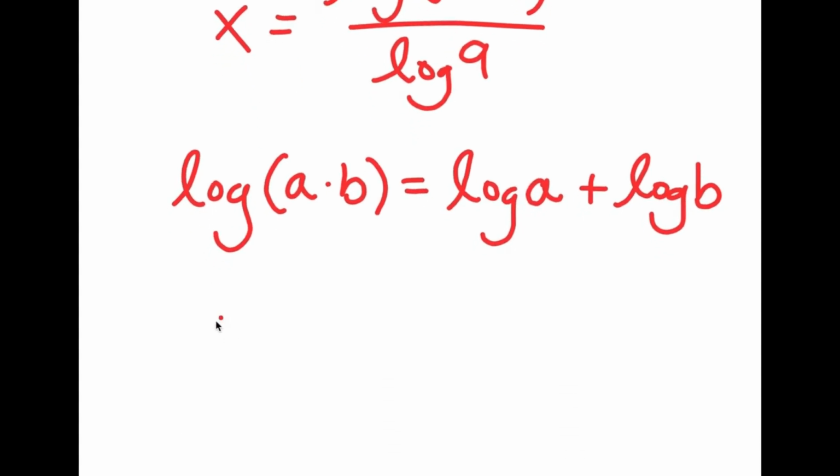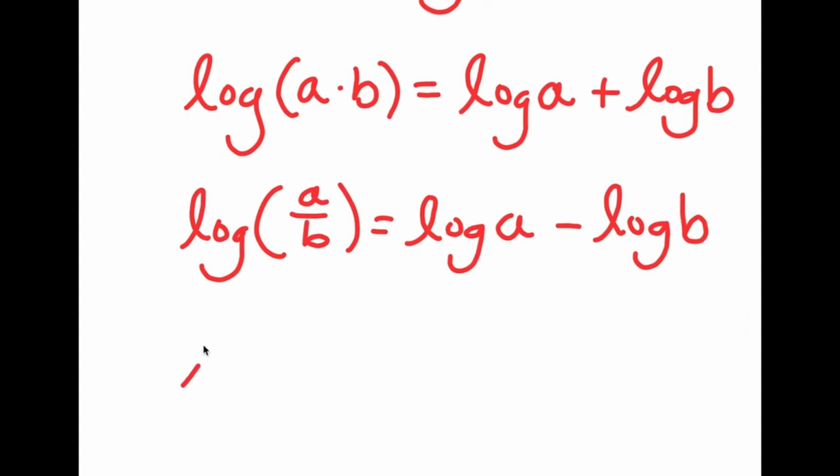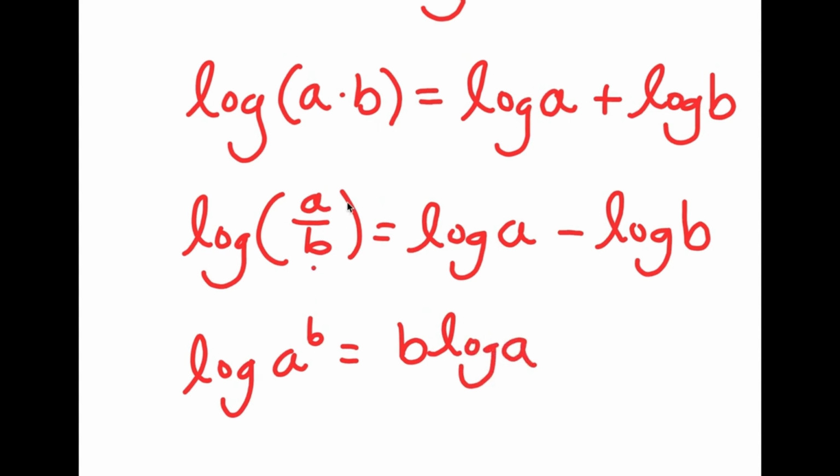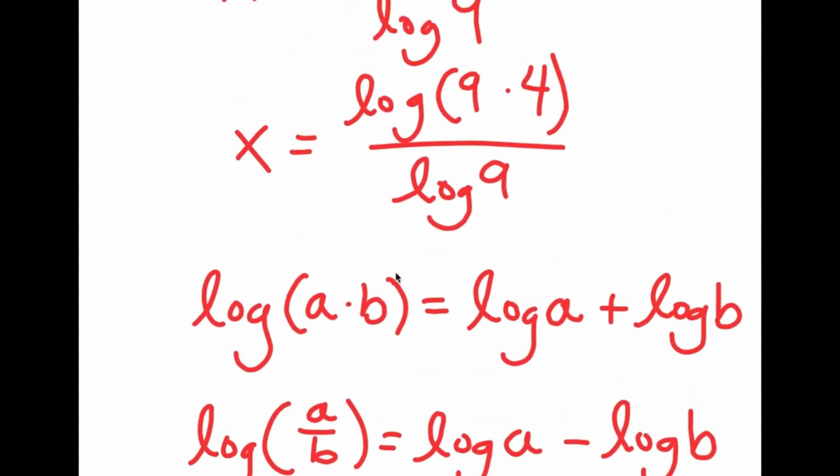And the second one is that if I have something in the form log of a over b, this is equal to log a minus log b. Now these two, along with log a to the power of b is equal to b times log a, these are the three basic logarithmic equations that everyone should know.